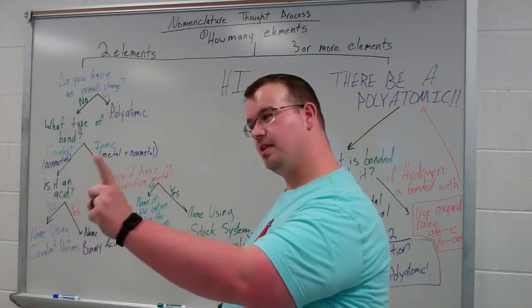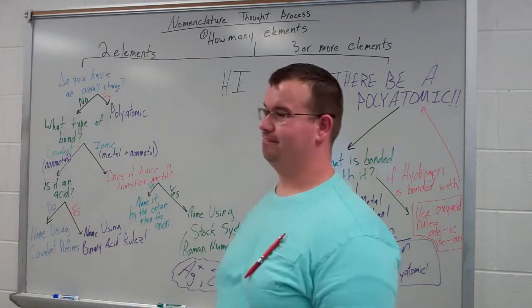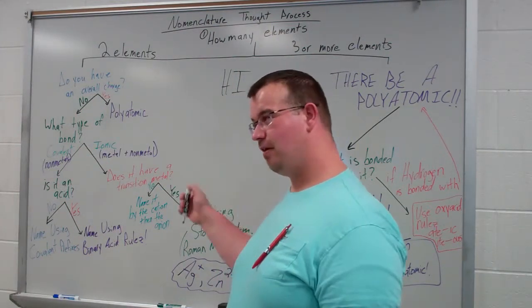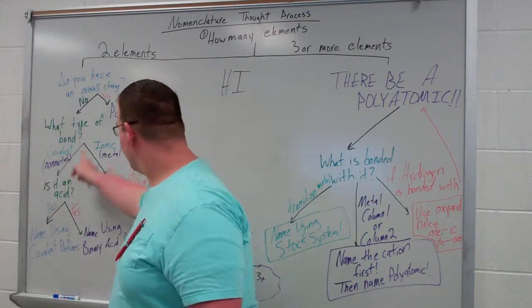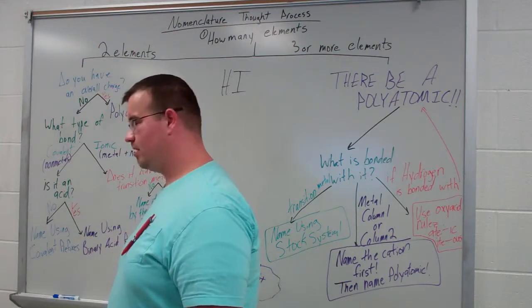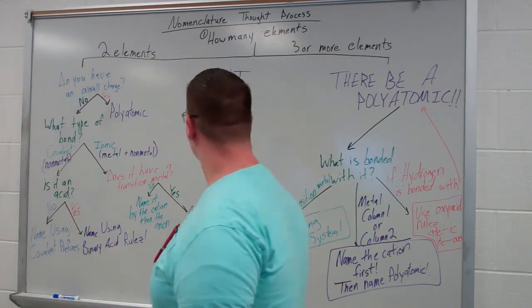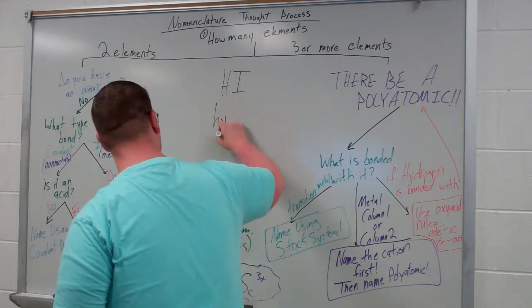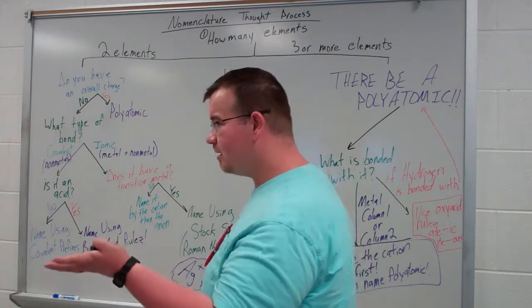Hydrogen's the exception to that rule. It's over on the left side, but it's a non-metal. So is it covalent or ionic? Covalent. That's why I did this. Is it an acid? Yes. Name using binary acid rules. Hydro for the hydrogen. Name the element.